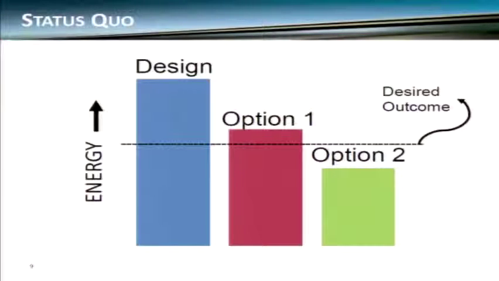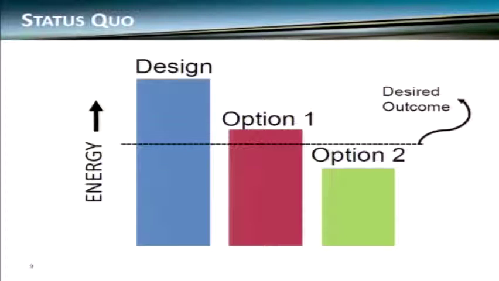Okay, so this is what I call the status quo. If we look at a typical energy efficiency optimization process in a project design setting, we may say, okay, here is the design as presented to us, somewhere down in detailed design or construction documents.